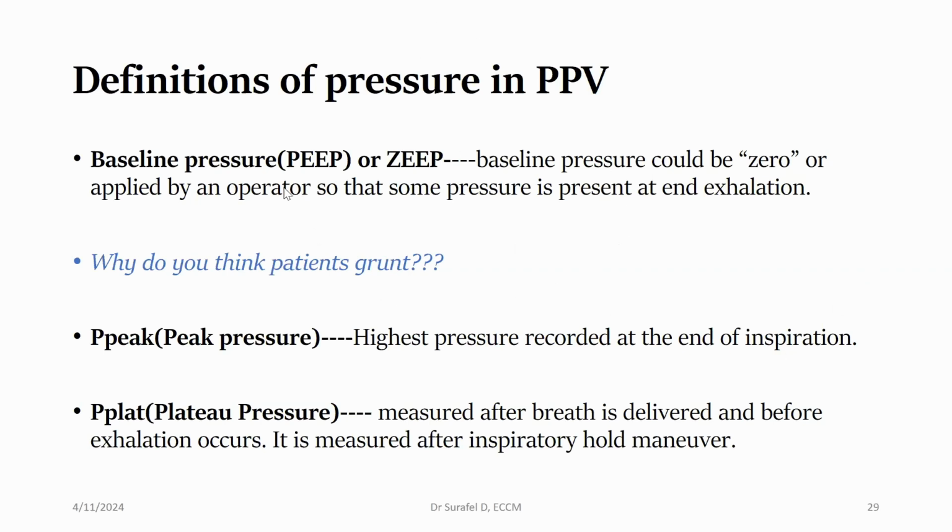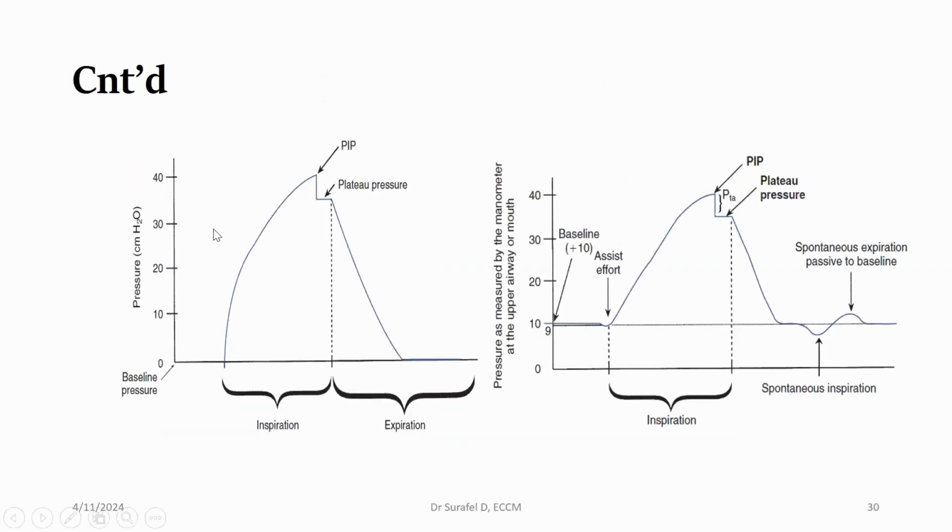So whenever you put a patient on a machine, that PEEP should be set. Don't put the patient on a PEEP of 0 while the patient is on a machine. The minimum PEEP allowed will be 3 to 4 centimeters of water, but usually for clinical purposes, around 5 centimeters of water is the lowest PEEP you can use.